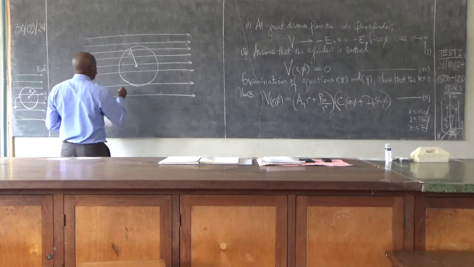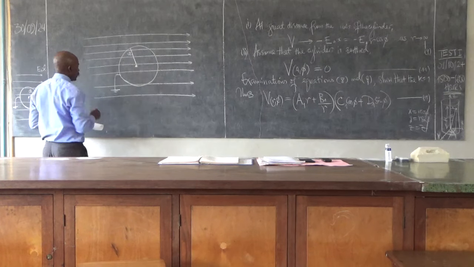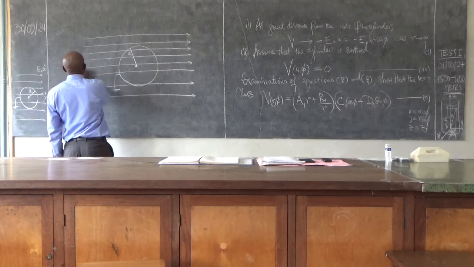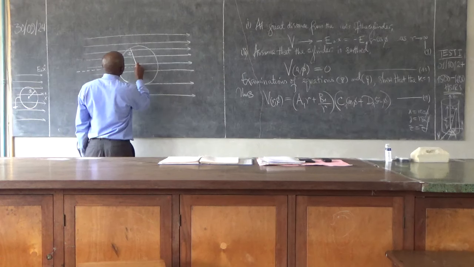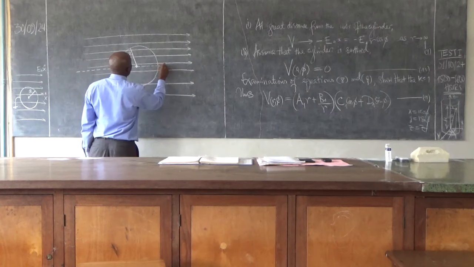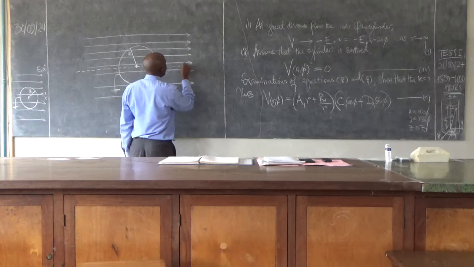Then we say it is earthed, so the potential along the surface is 0. And then we have this being the x-axis, along which the field is acting.